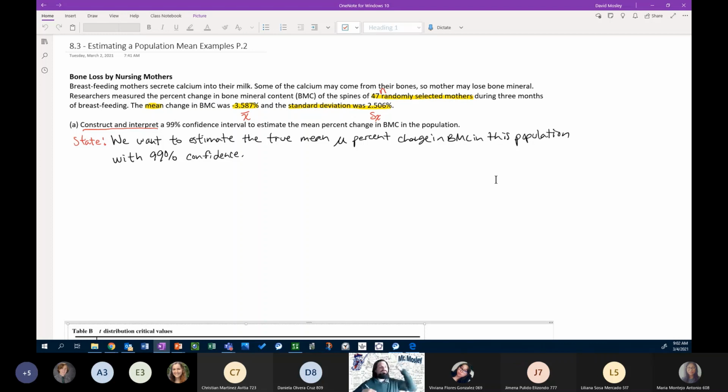All right, so I've stated the parameter mu that I'm interested in and at what confidence I want it.